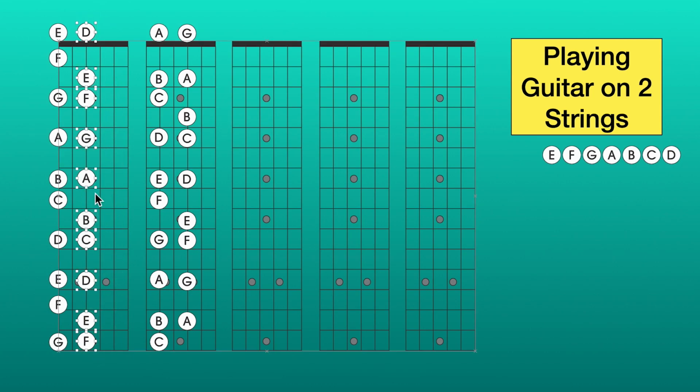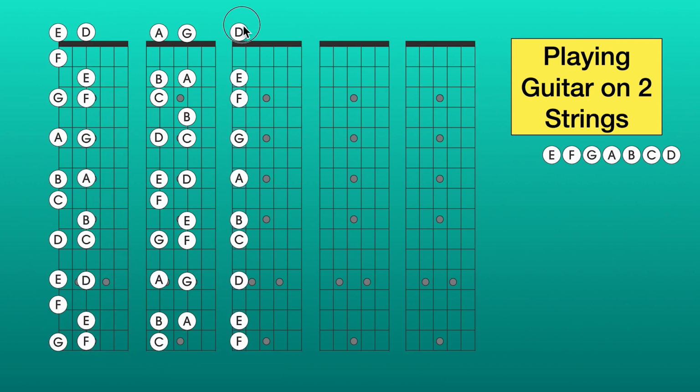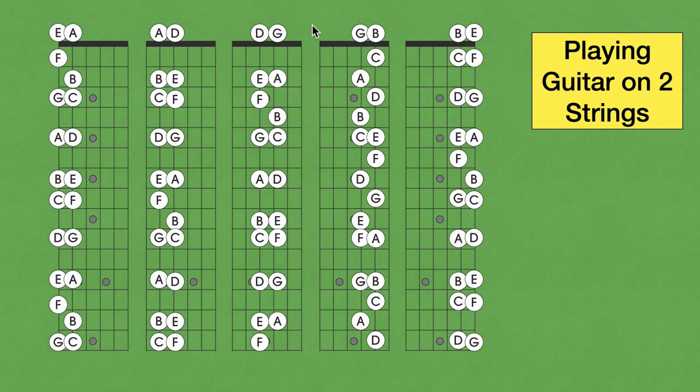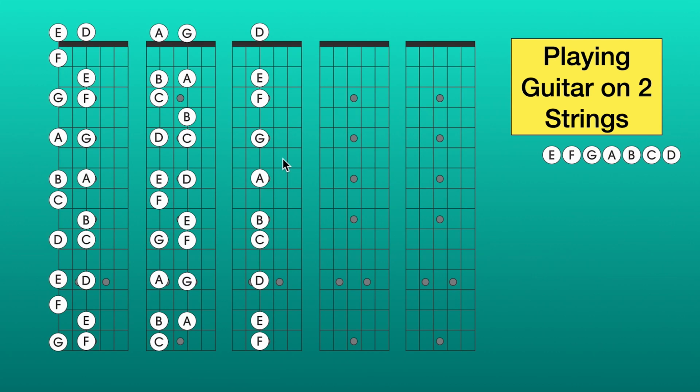So now we're going to take this D string, go back one more time and grab the B string, move it over here. Now, when we go from the D string to the B string, we now have what's called a major sixth.